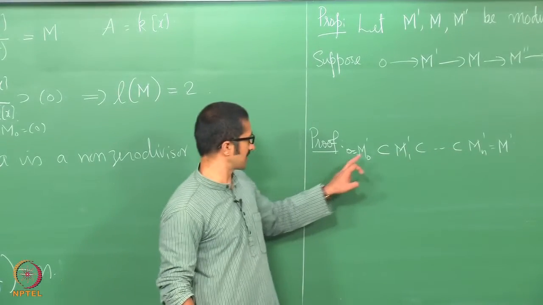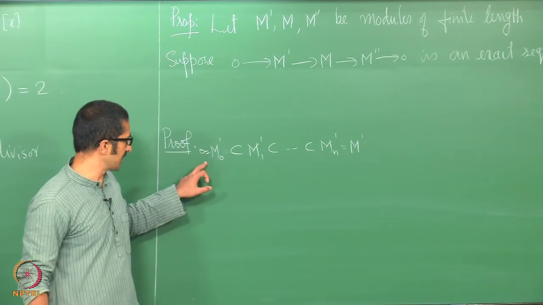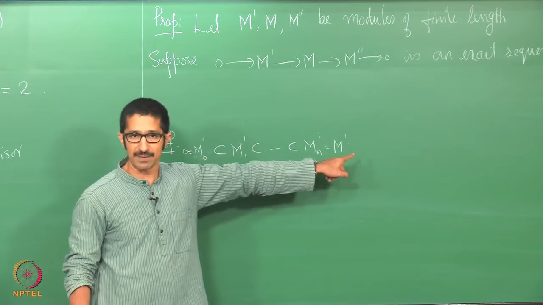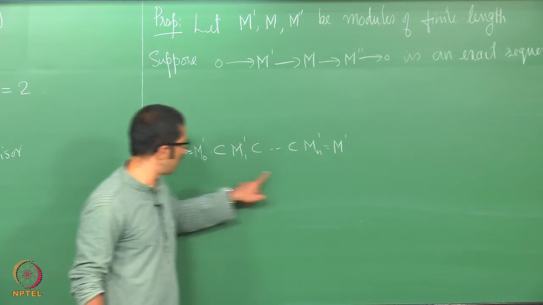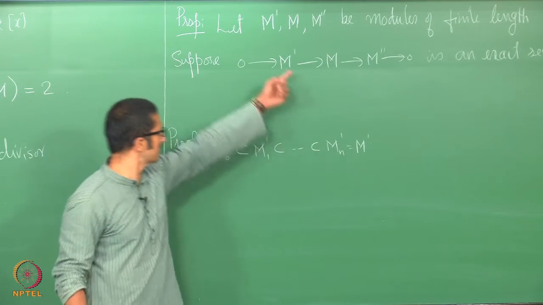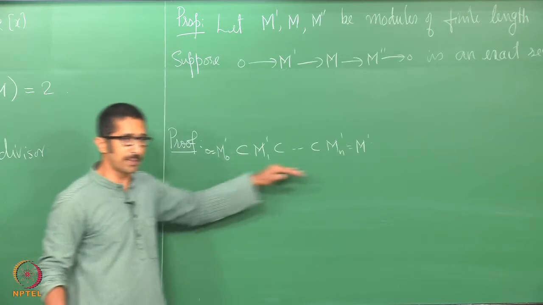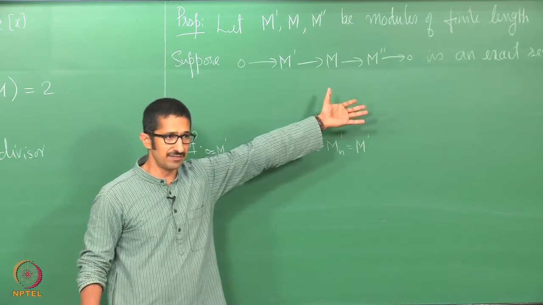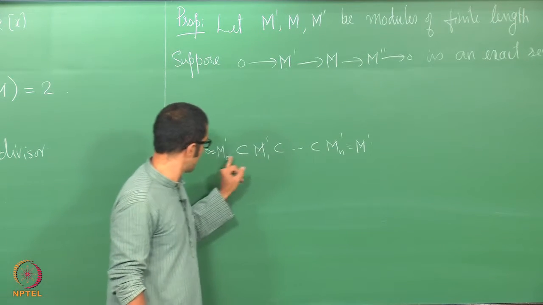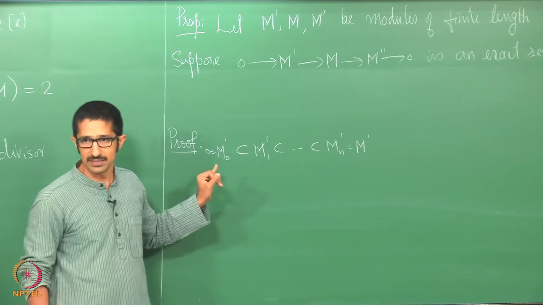Suppose this is a composition series of M prime. M prime is a submodule of M, so all these are submodules of M as well. So these all will be submodules of M, and this will be a part of a composition series of M itself, because each of them is a submodule of M and each quotient is simple.